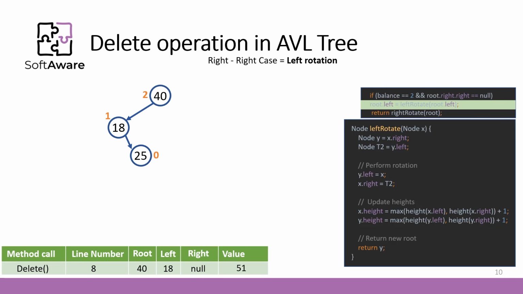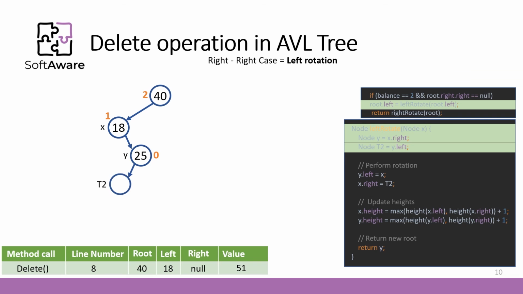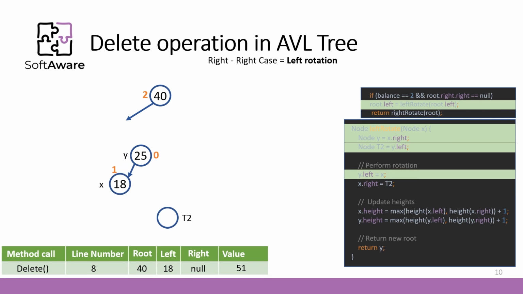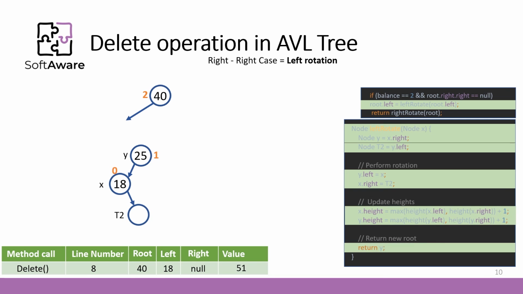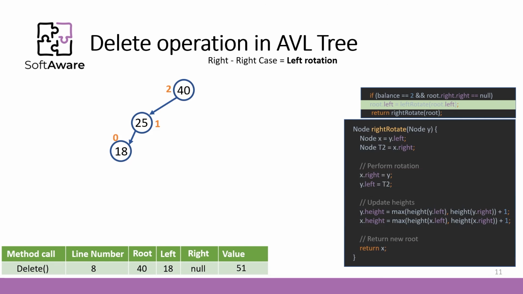So it becomes the x argument. Y is assigned to x.right and T2 to y.left. At the rotation part, y.left becomes x and x.right becomes T2. We update the heights of the relocated nodes and return our y as the new root.left.